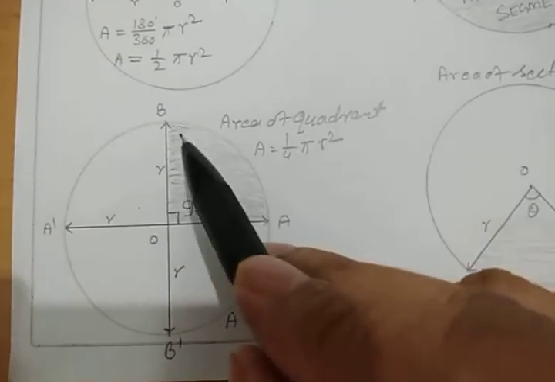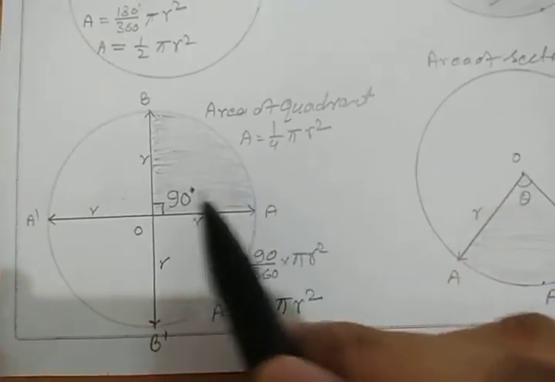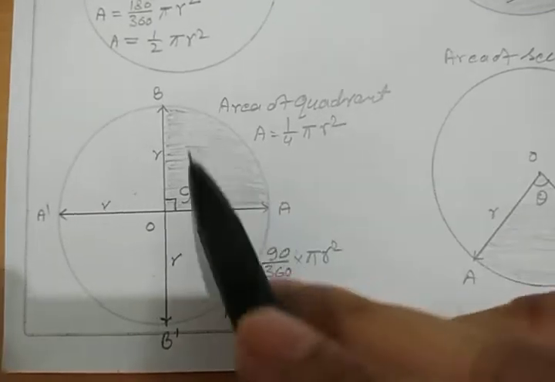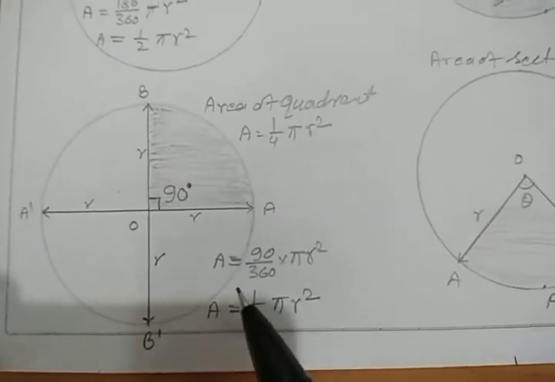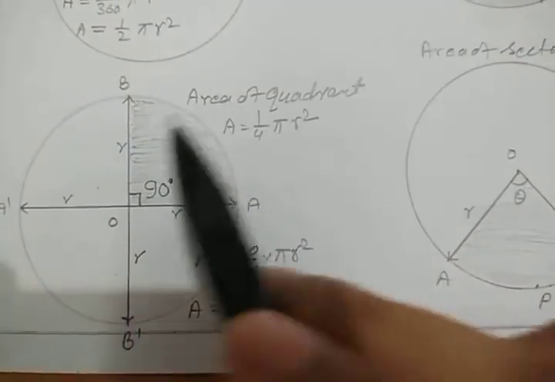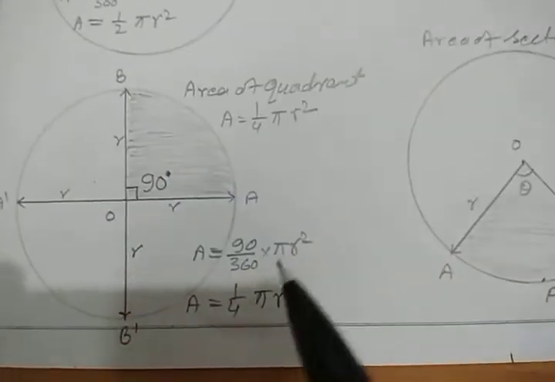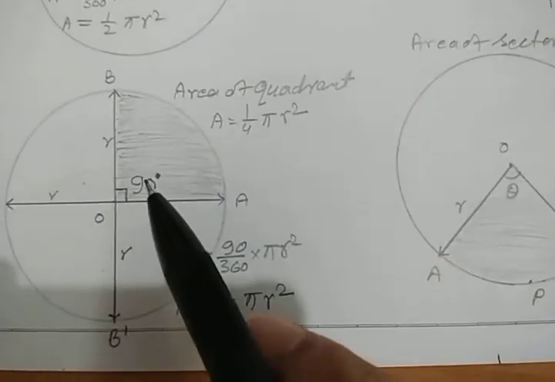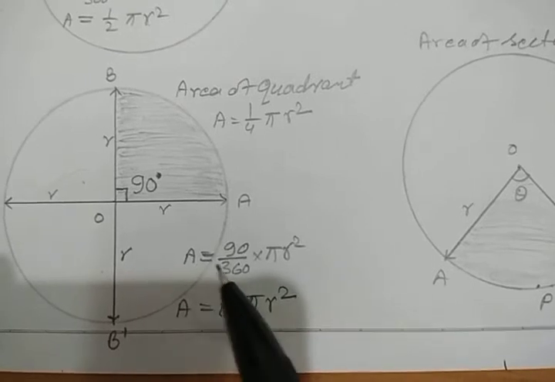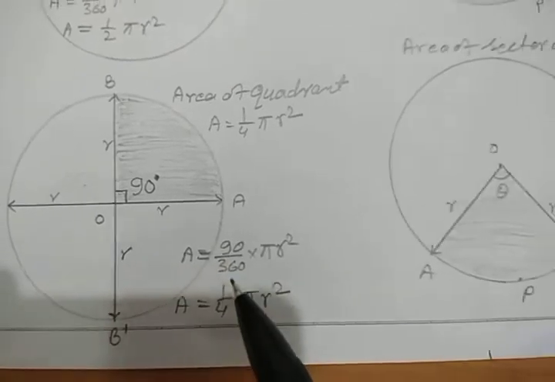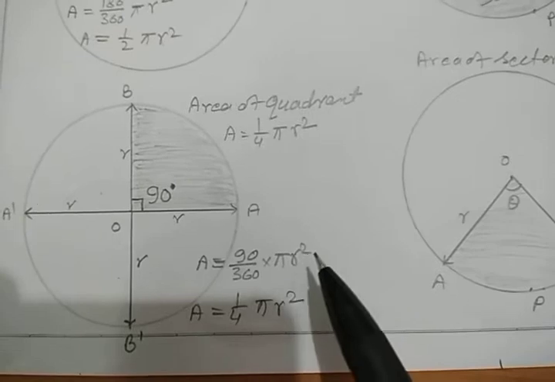So we are shading this portion only, the quadrant portion. Then the area of this shaded portion of the entire circle is, center angle is 90 degree. So capital A equals 90 degree upon 360 into pi r square.